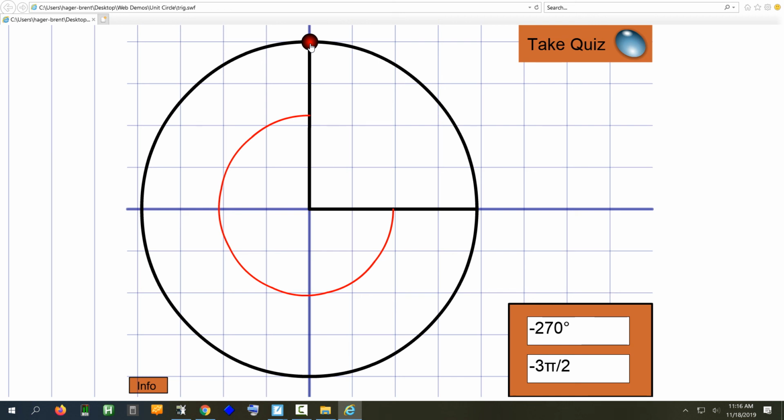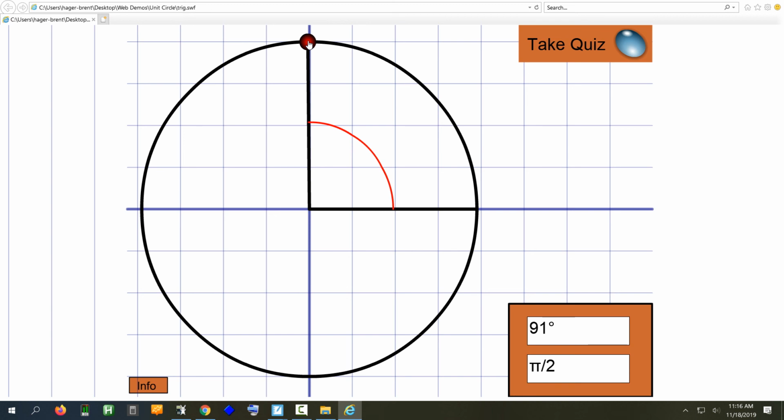Well, pretend you can't see anything else on the screen except that little red circle. All you can see is the area that my hand is over right now. Didn't change. If that's all you could see, that area would look exactly the same. And in trig, negative 270 and positive 90 is the same thing. Given the choice of working with either negative 270 or positive 90, I would go with positive 90.